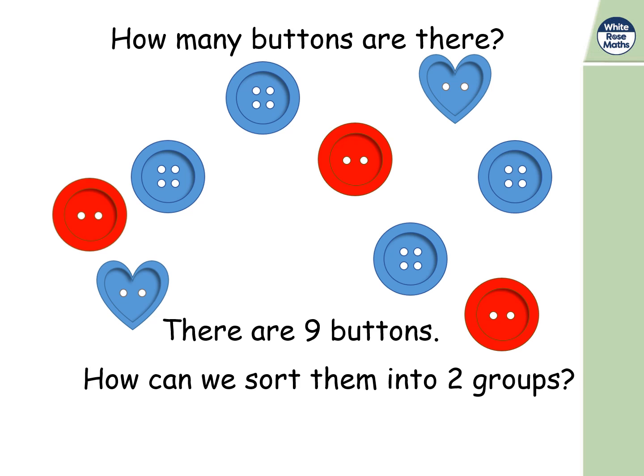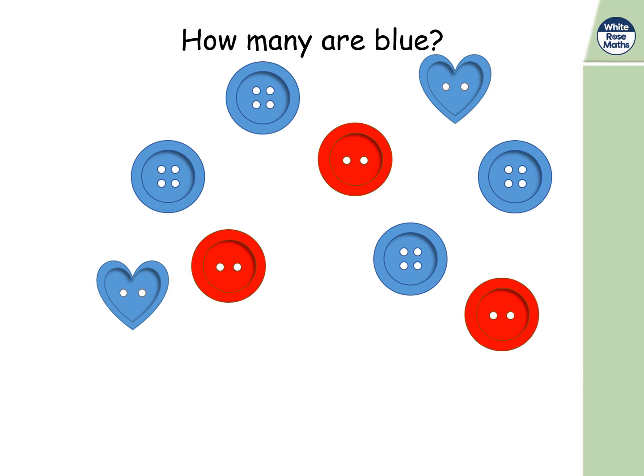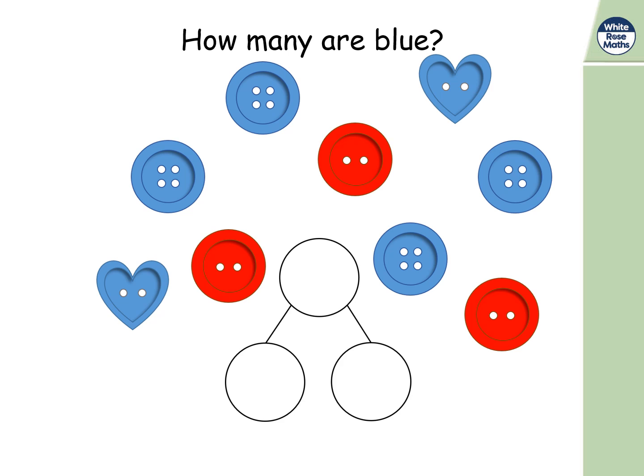What are you thinking? I'm going to sort them by color, and I want to find out how many are blue. But I want to think about a part-whole model and a subtraction sentence rather than just counting them. So let's take a look. We have 9 buttons all together.